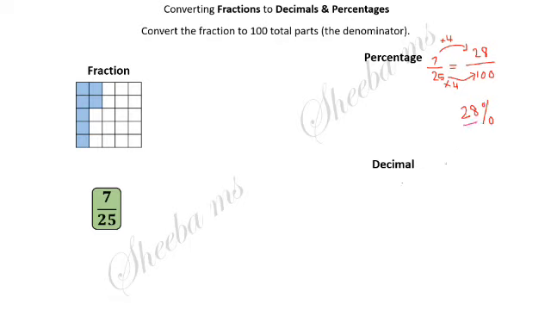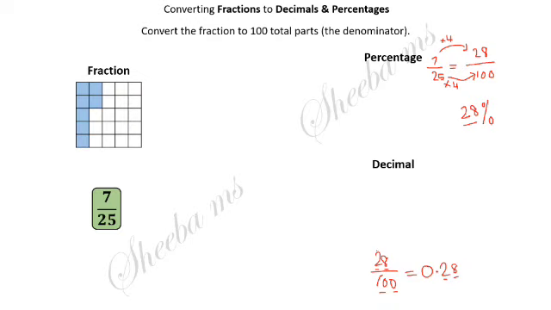Now, how do we change it into decimal? We know this is 28 by 100. The denominator is 100, and in 100 there are 2 zeros. So here also, 1, 2 places after, then place the point. So I will write 28, after 1 place, 2 places, then place the point, then put 0: 0.28.